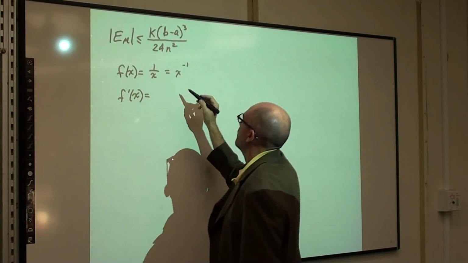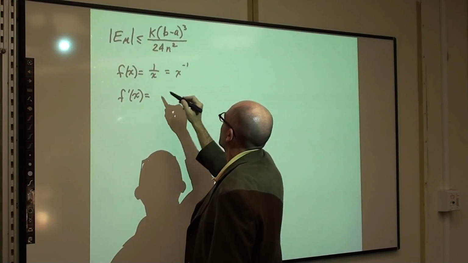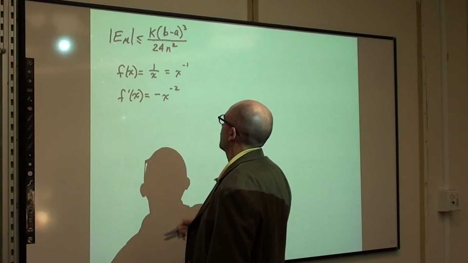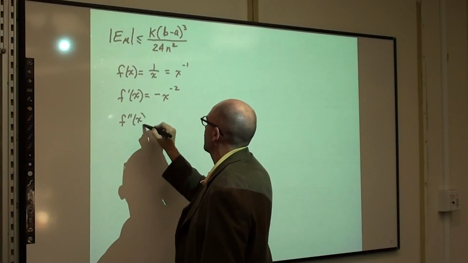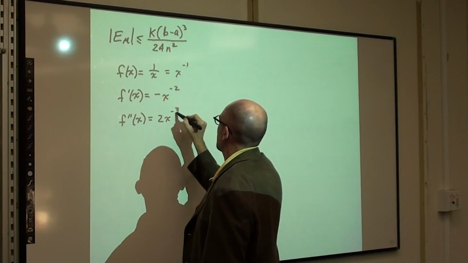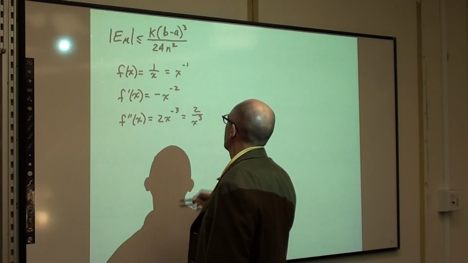So f prime of x is going to be negative x to the negative 2. And then f double prime of x is going to be 2x to the negative 3. So that equals 2 over x cubed.